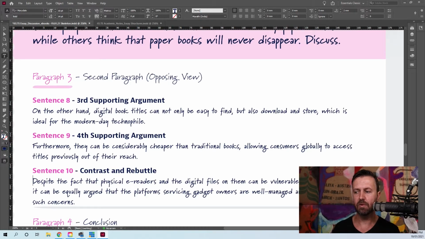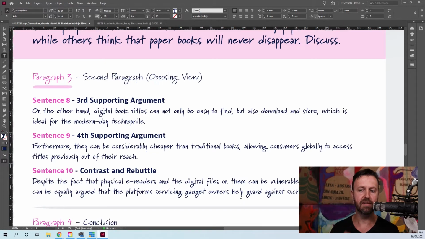Maybe we can delete the well managed and just say it can be equally argued that the platforms servicing gadget owners help guard against such concerns. So let's just read it. So despite the fact that physical e-readers and the digital files on them can be vulnerable to cyber attacks, it can be equally argued that the platforms servicing gadget owners help guard against such concerns.